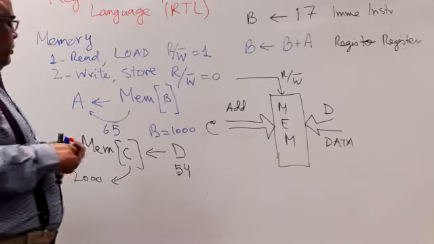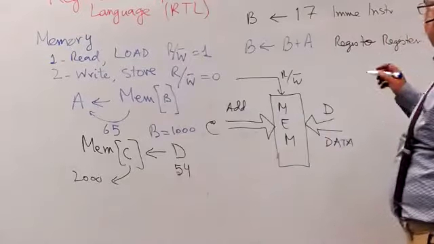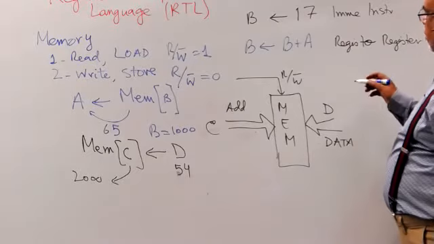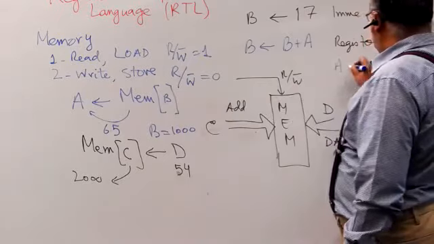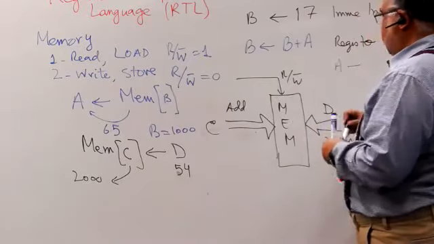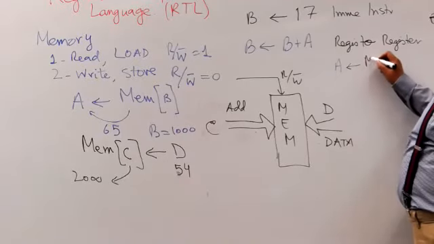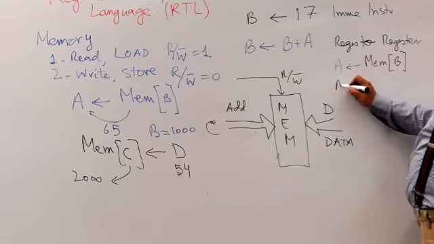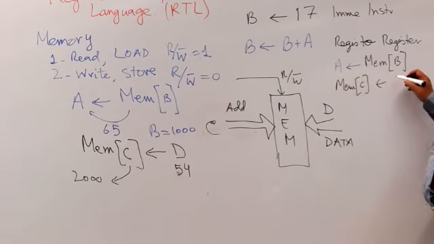So this is another type of instruction that you can perform, and the third type is the memory operation. So this is A gets the value mem B, or mem C gets the value mem D. These are two other instructions.